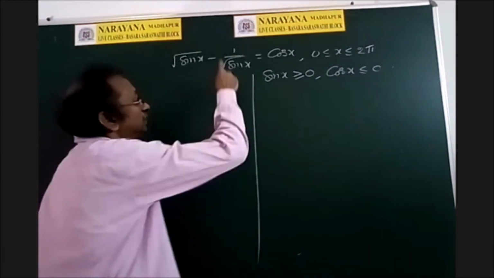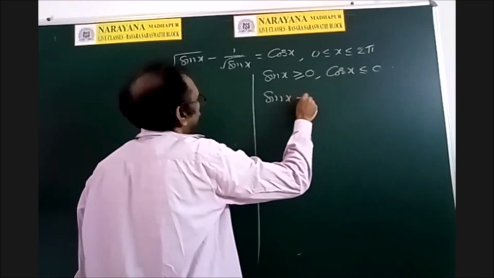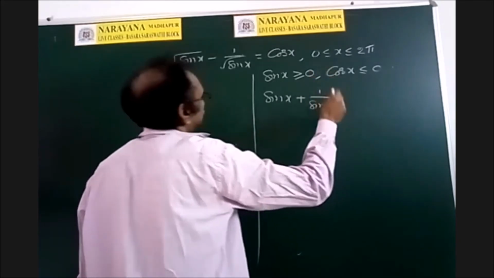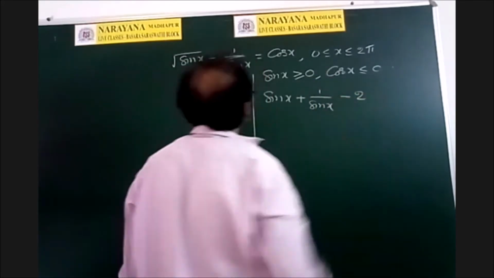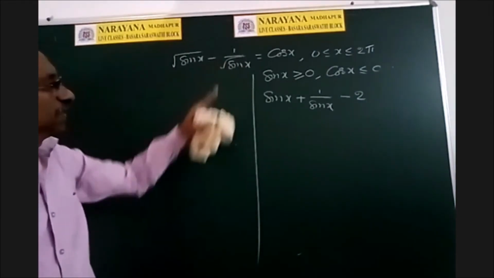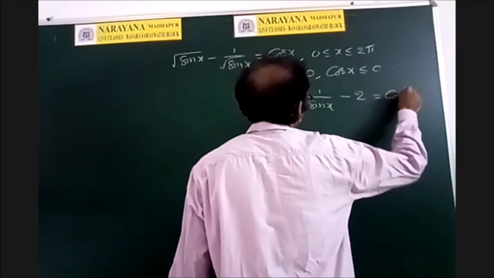And next, squaring on both sides. Sin x plus 1 by sin x minus 2, a minus b whole square. So a square plus b square minus 2ab is equal to cos square x.